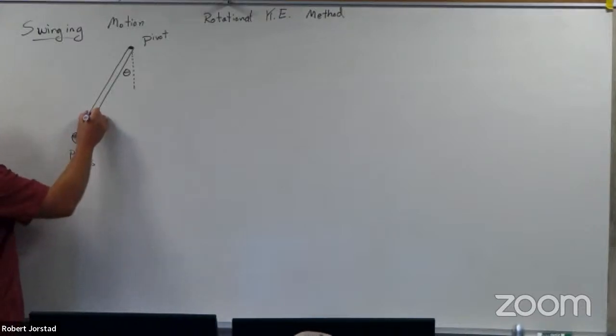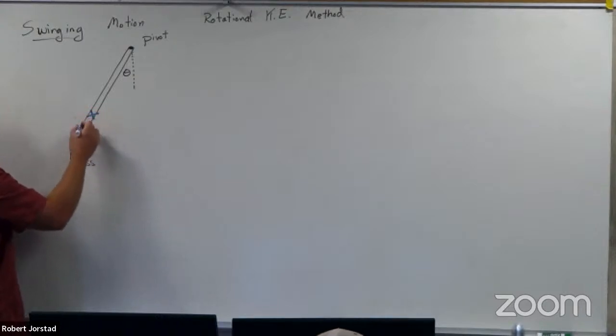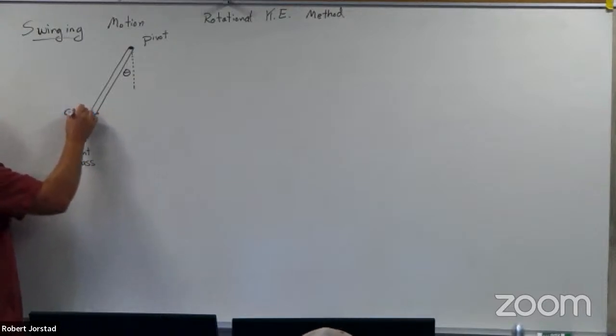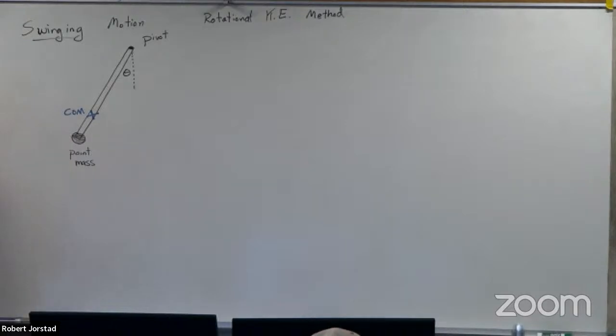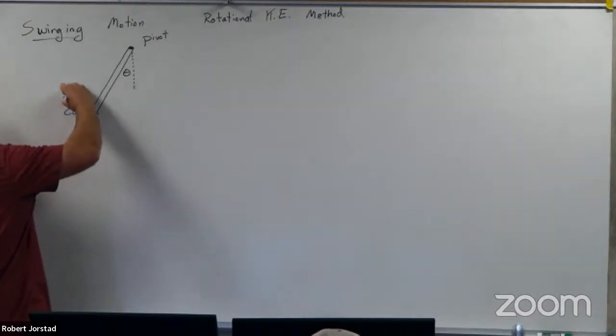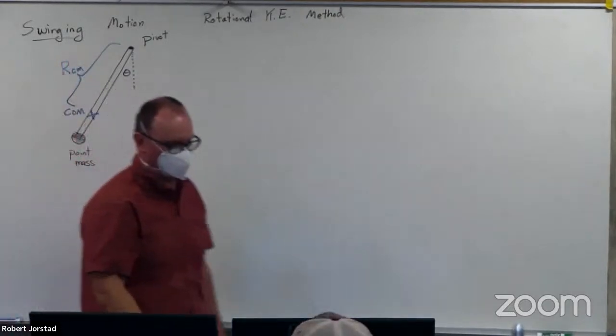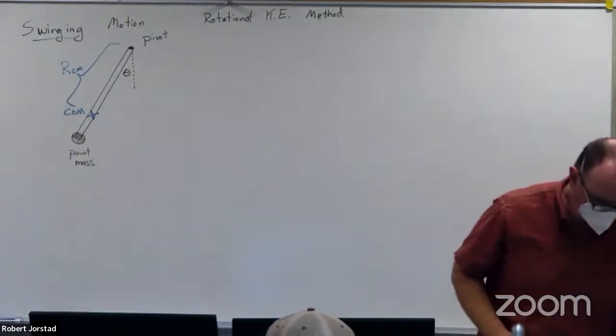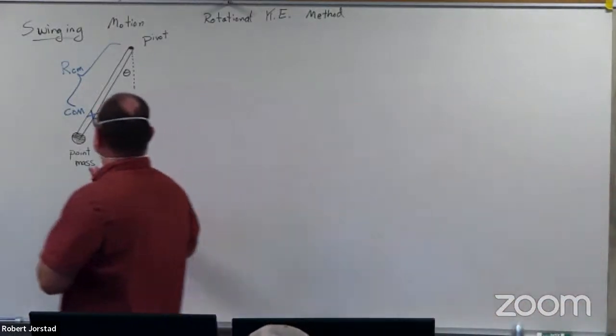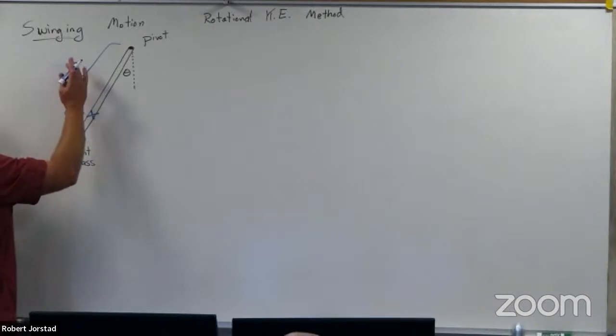So let's say for some reason the center of mass ends up being right here, COM. Related to that, we're going to want to talk about the radius for the center of mass. I'll call this r_CM. I think I used lowercase r in the book. Let's try and use that.